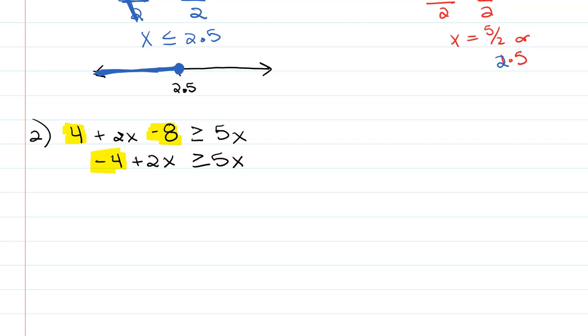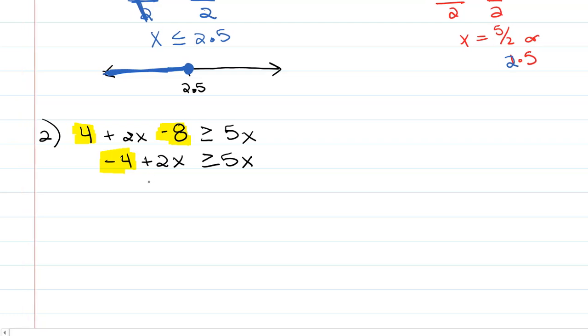Next up, I see that I have x's on the left side of the inequality and on the right side of the inequality. So let's try and get those all to the same side. I'm going to subtract 2x from both sides. 2x minus 2x is 0. Negative 4 plus 0 is just negative 4. 5x minus 2x is 3x.